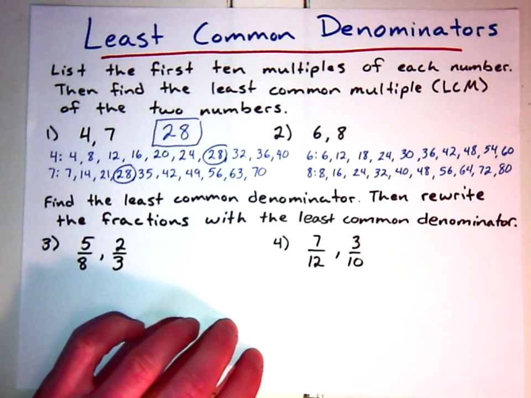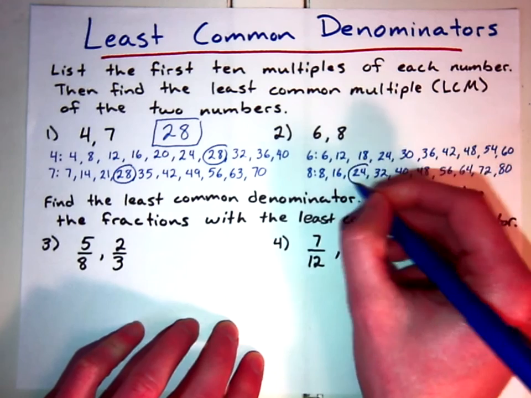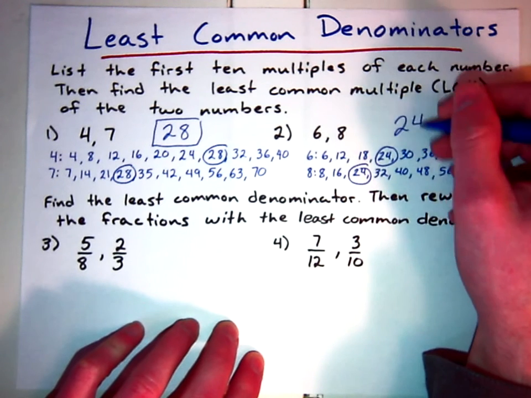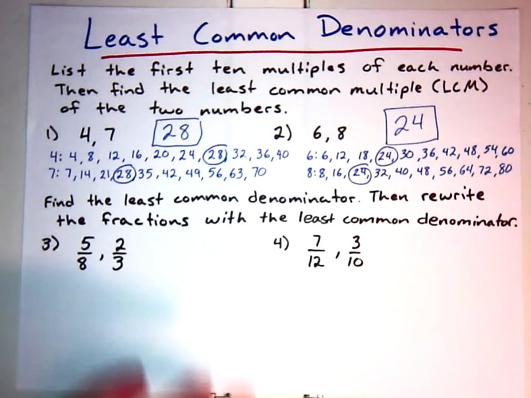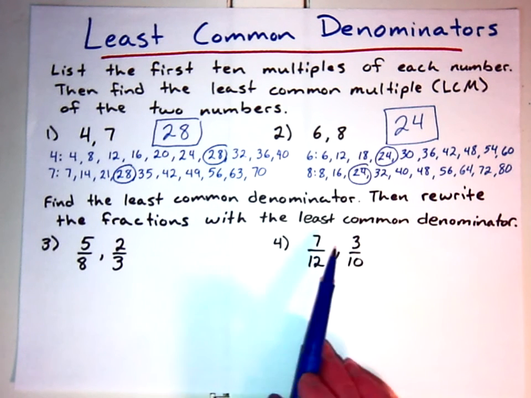So, from there I need to look for the least common multiple, and it is 24.